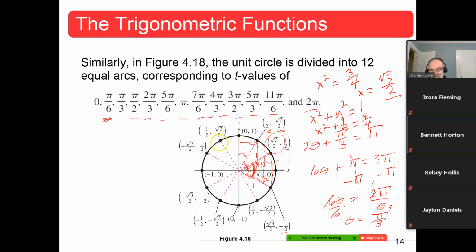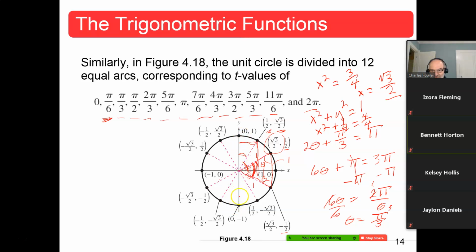Then this one's exactly opposite from there, so it's (minus 1/2, root 3 over 2). This one's exactly opposite here, (minus root 3 over 2, 1/2). This one's, of course, (minus 1, 0), opposite of this one. This one down here is (minus root 3 over 2, minus 1/2), same x value, and minus 1/2 down here. This is minus 1/2 for x, and minus root 3 over 2 for y, exactly the opposite y value, same x value as there.